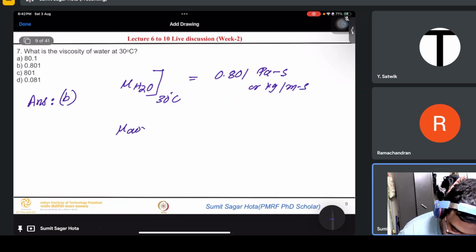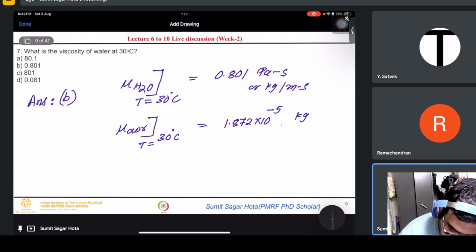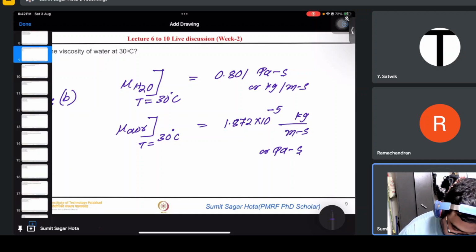With air also we need 100 degrees Celsius, equal to 1.872 into 10 to the power minus 5 kg per meter second or Pascal second. Okay, so the answer is B, obviously.